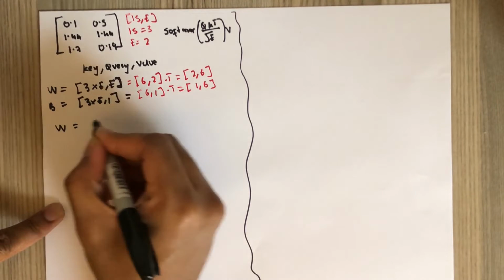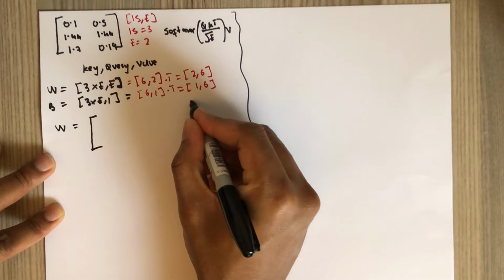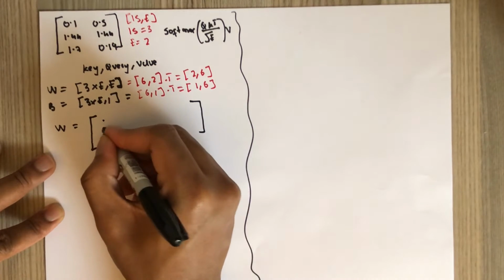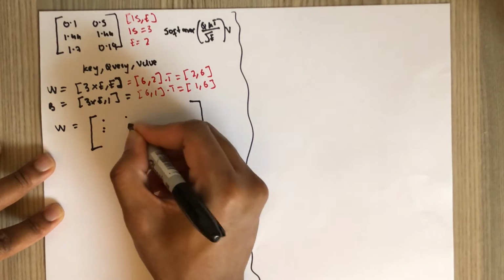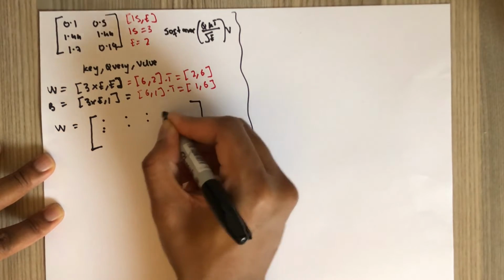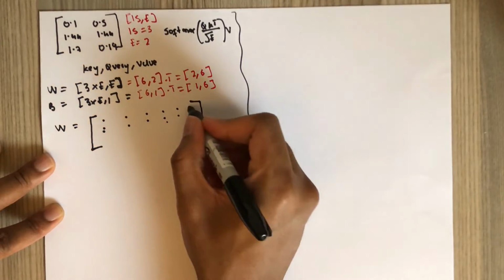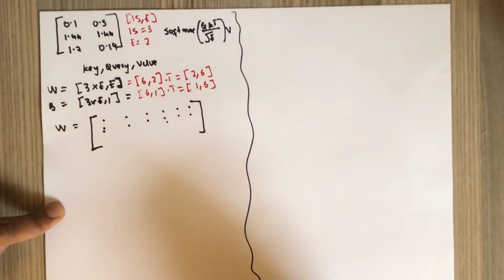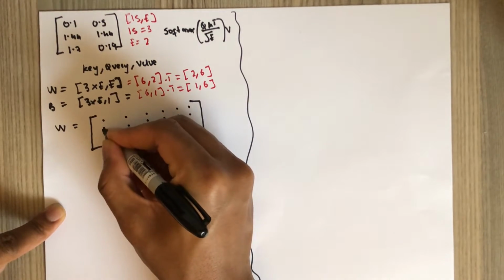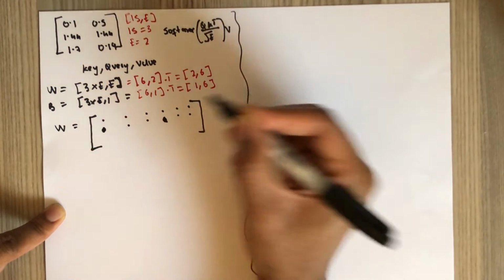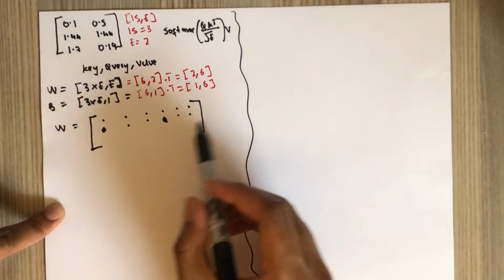W is 2 by 6. 1, 2, 3, 4, 5, 6. So this is 1 dot, this is also 1. Okay, so this is 2 by 6.